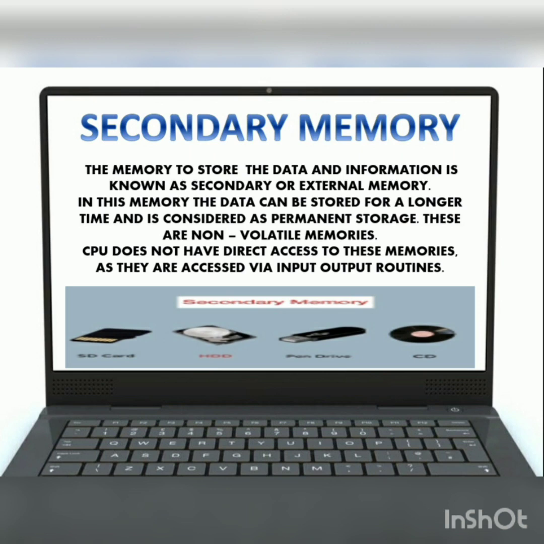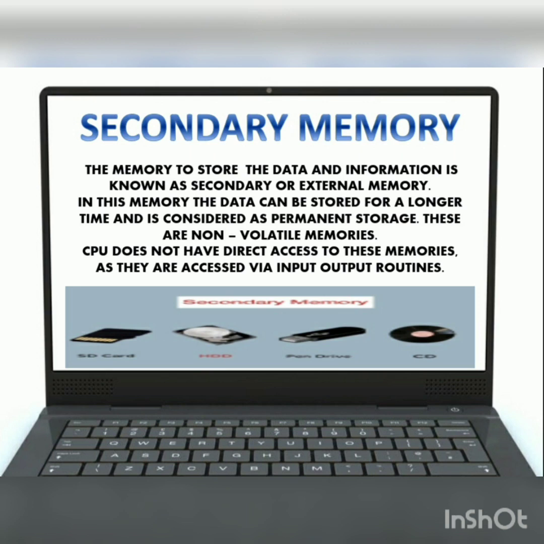So the memory attached externally to store the data and information is known as secondary or external memory. Kids, these are used for storing data and information permanently. If you save any type of data or information in any secondary memory, then it will be saved for a longer period until you delete it.